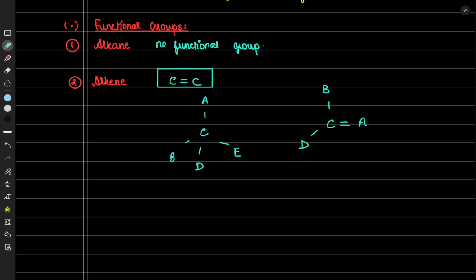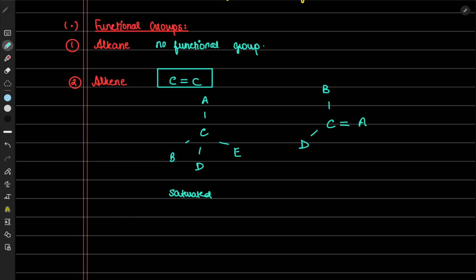Carbon has the ability to make a maximum of four bonds; it cannot make five bonds. So whenever carbon makes four single bonds with four different species, it is known as a saturated compound. So these are saturated.